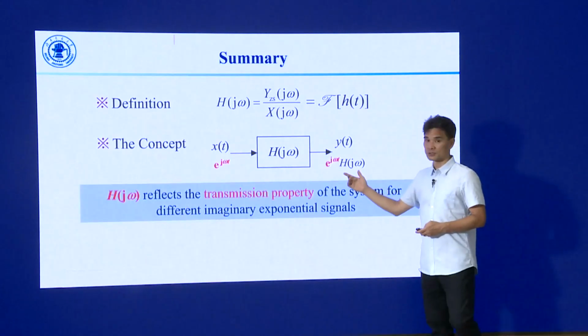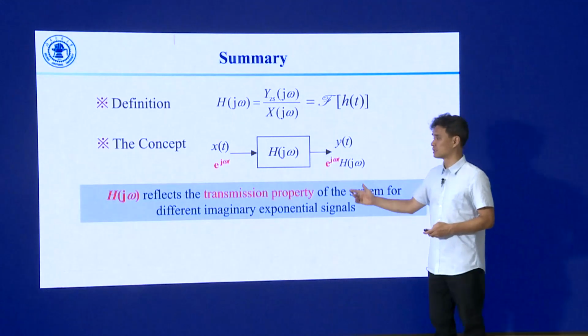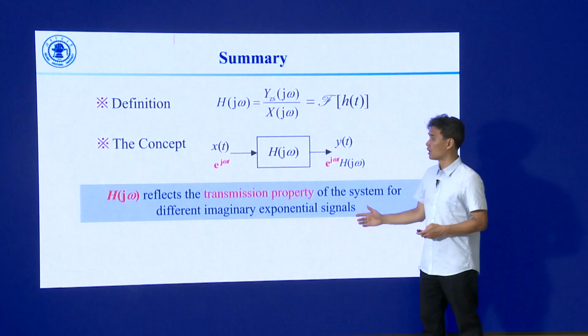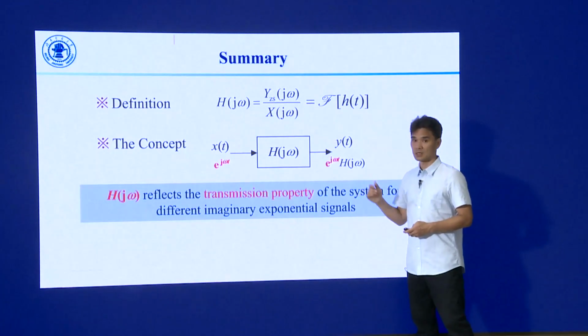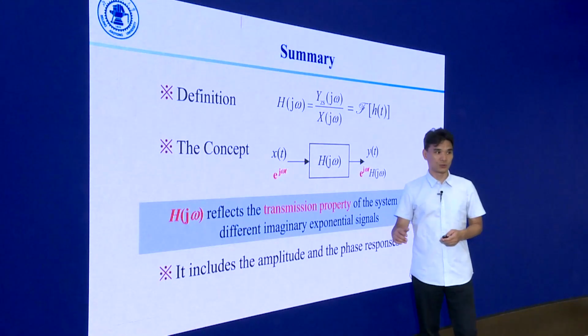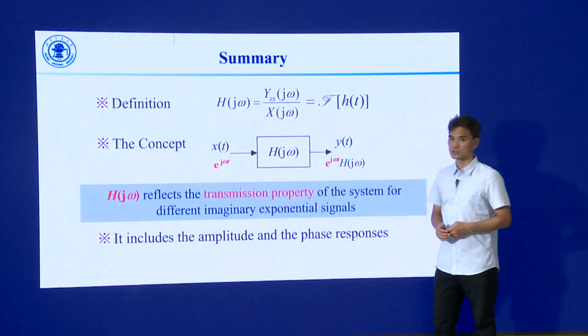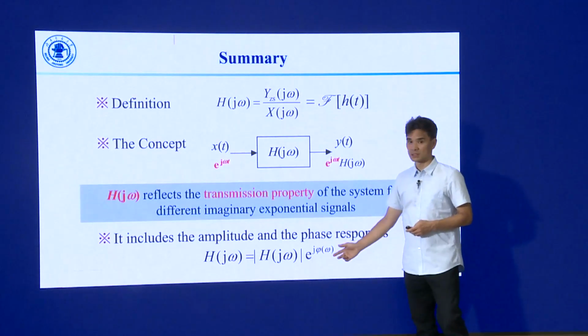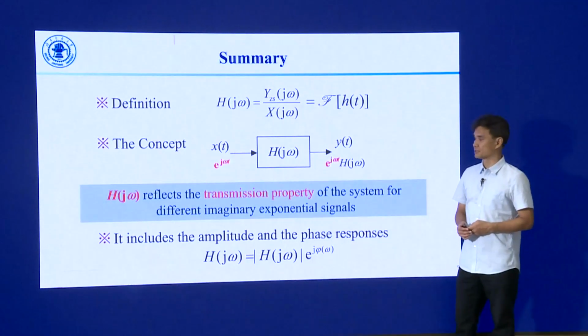The frequency response reflects the transmission property in terms of the frequency components. And the frequency response includes two parts. One is the amplitude response, and the other one is the phase response.